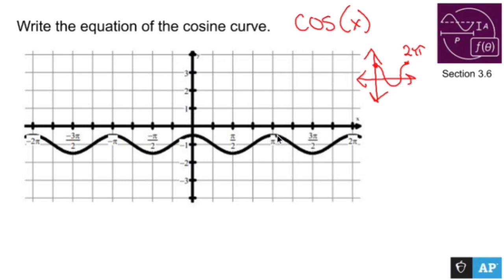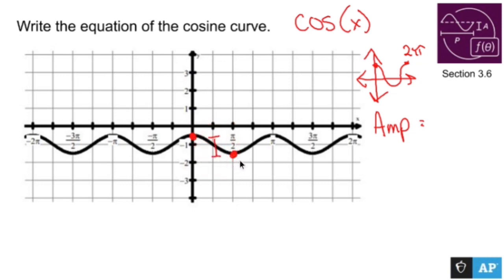Thing number 1 is my amplitude. That's probably the easiest thing to look at. My amplitude is going to be the highest point minus the lowest point, and then take that and divide that by 2. Now, my highest point appears to be at -1/2, and my lowest point appears to be at -1.5, which means the difference between -1/2 and -1.5 is 1 full unit.